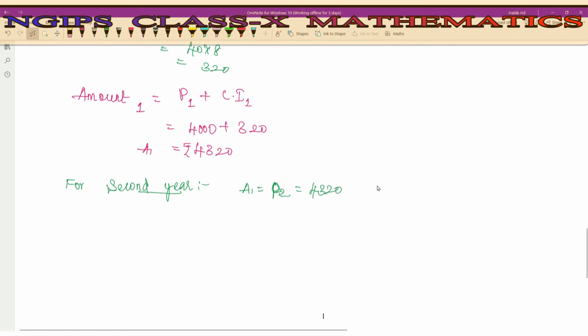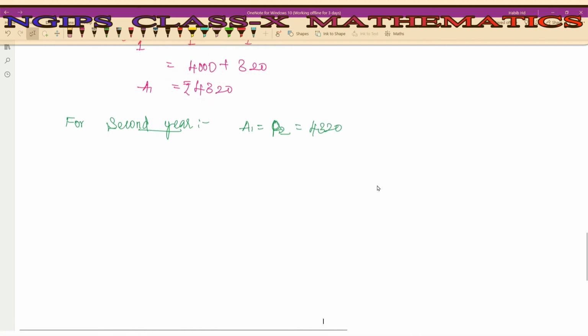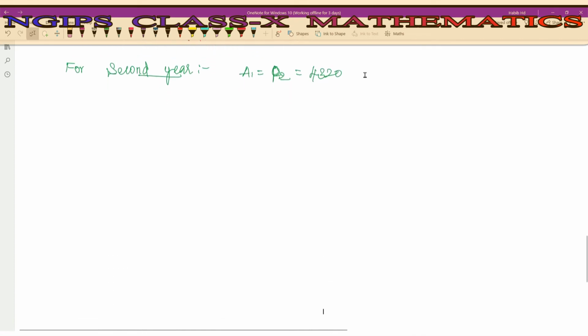The second year rate is 10%, as given, and the time period is 1 year.